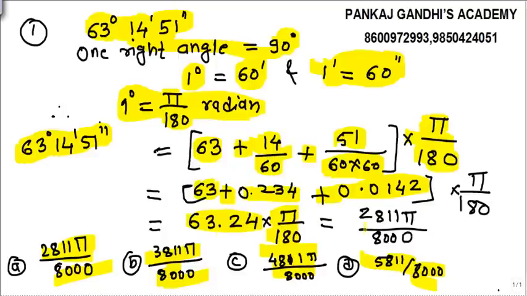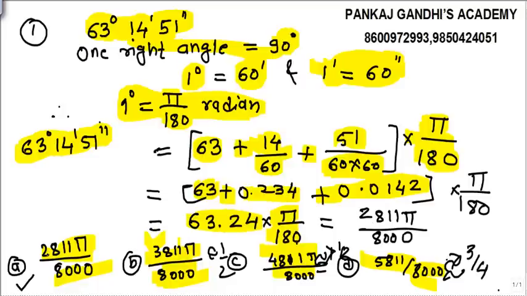So our answer is near about 1/3 value. 4000 upon 8000 is half, so this option is nearly half, this one is more than half, and this one is near 3/4. We need an answer near 1/3, because 60 upon 180 is 1/3.